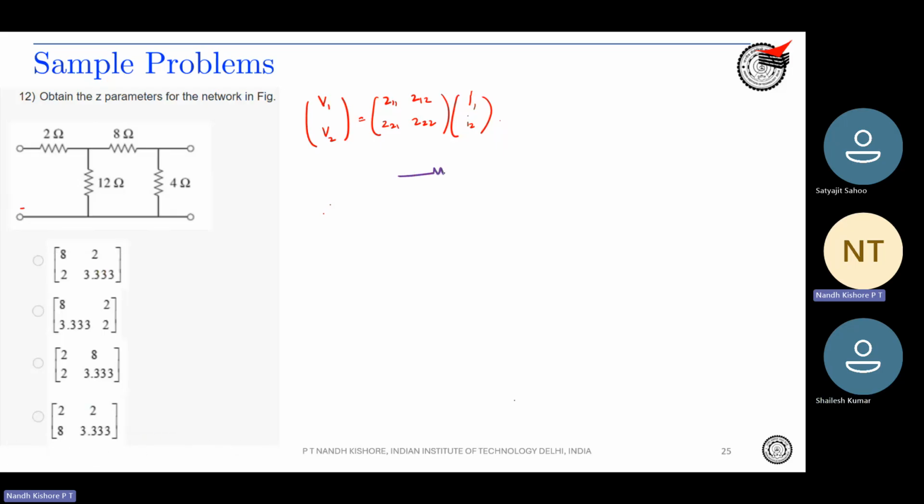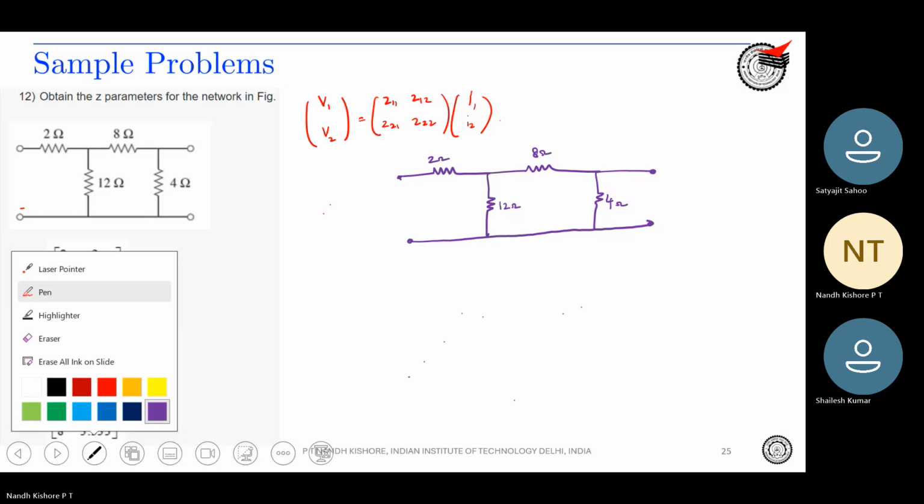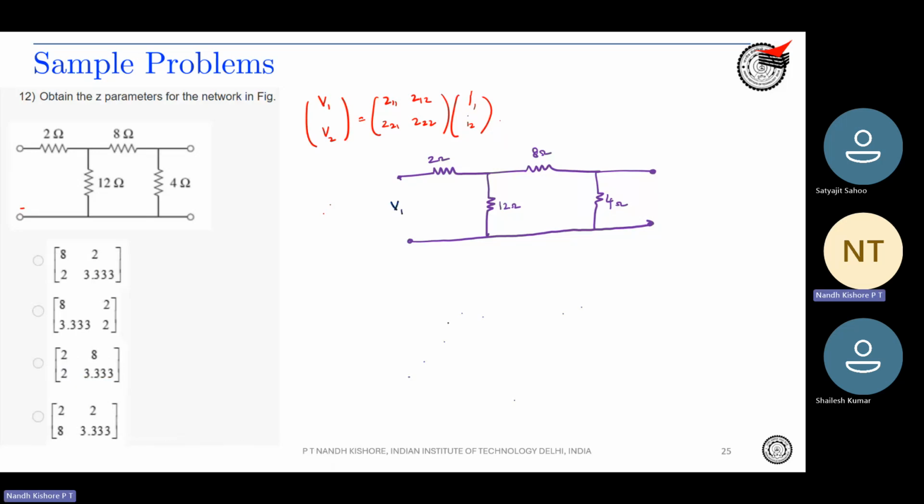So you have 2 ohm, V1, V2, I1, I2. This is Vx. Okay.